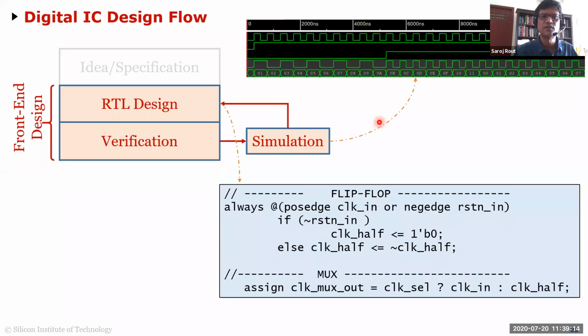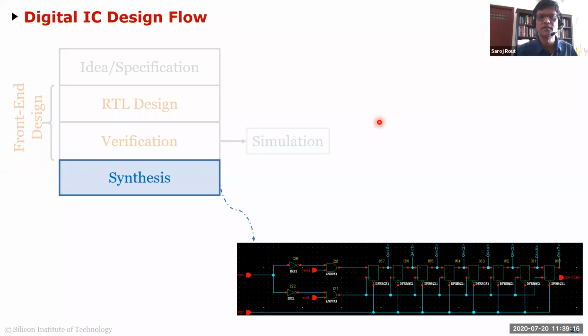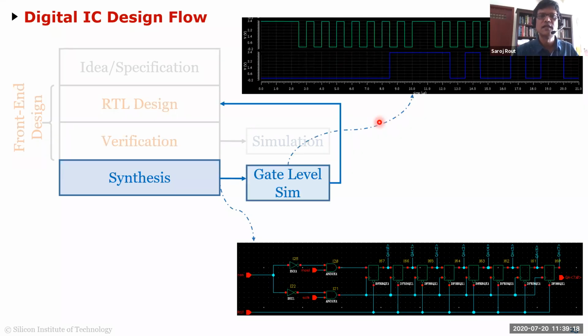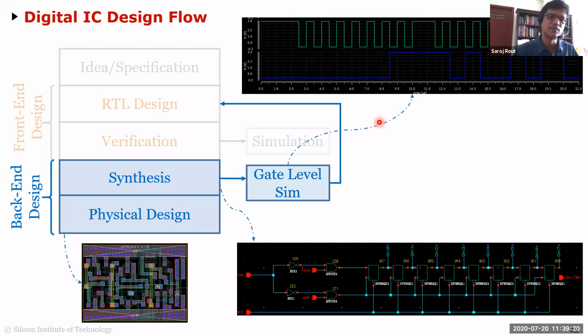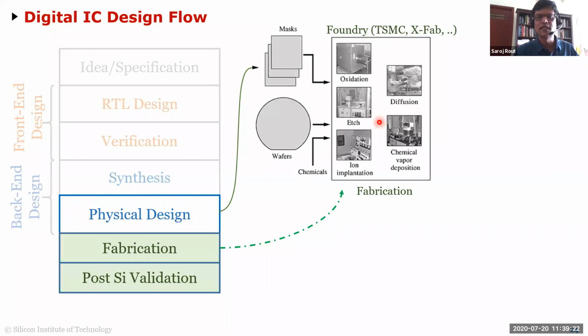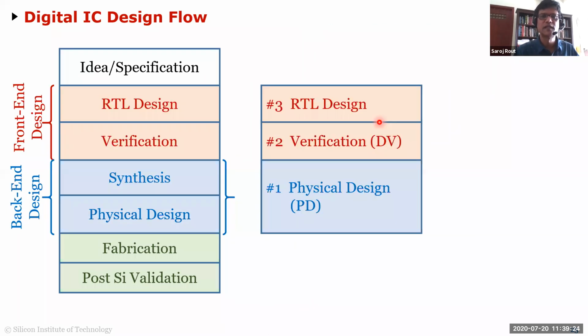You go through the same steps: you do the design, you do what is called synthesis, then gate level synthesis, you do the layout, and you send it for fabrication. And this is the last slide I wanted to show you, from a job perspective, where most of the jobs are. They're usually in these 4 steps. The RTL and verification is probably number 2, but somebody will say it's number 1.